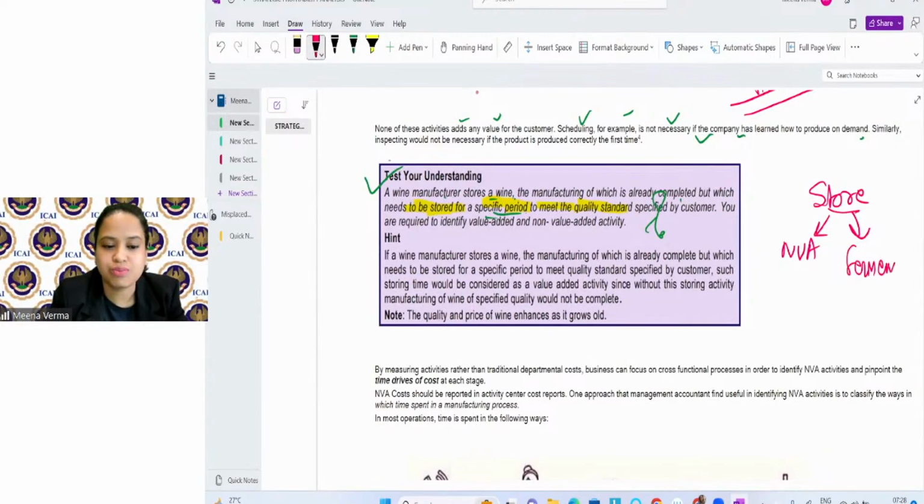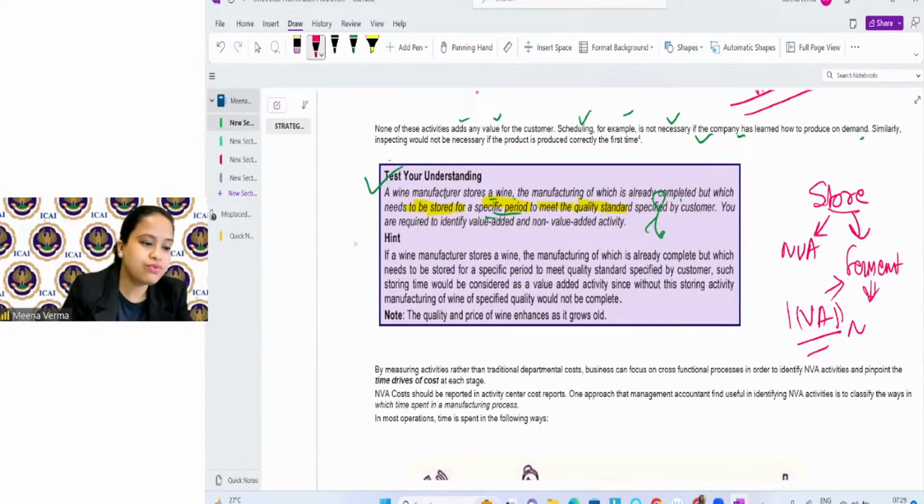It's a process of production. Wine and alcohol need fermentation, so for that you need to store it. If you store it, it will ferment, it will become alcohol. So it's actually a process of production. So I will say this is not a non-valuated activity. It's a valuated activity. Why? Because it's a process. Without fermentation, you cannot produce wine or alcohol.